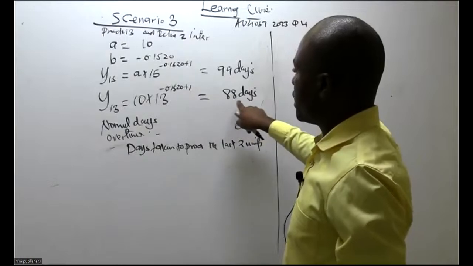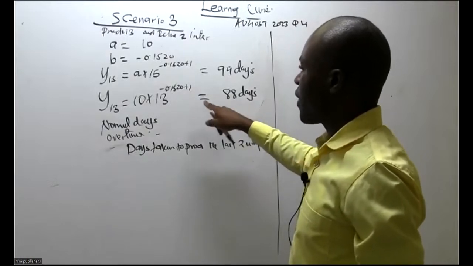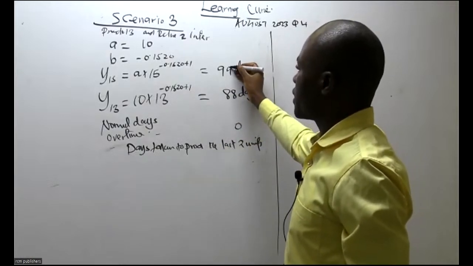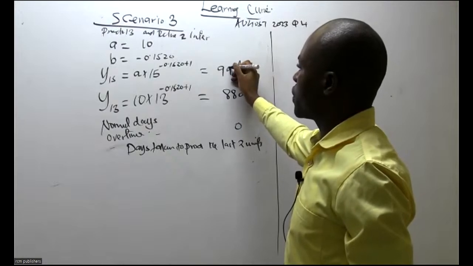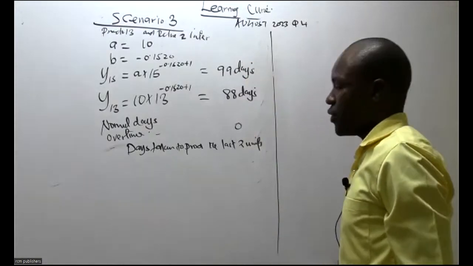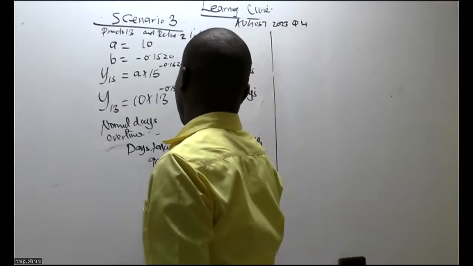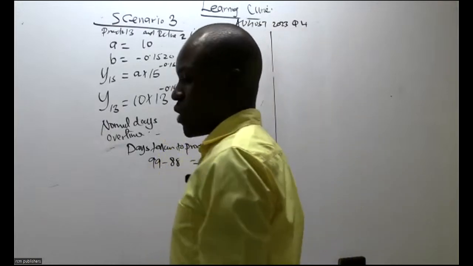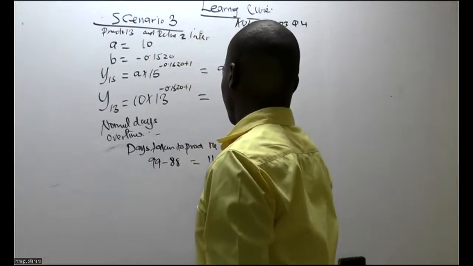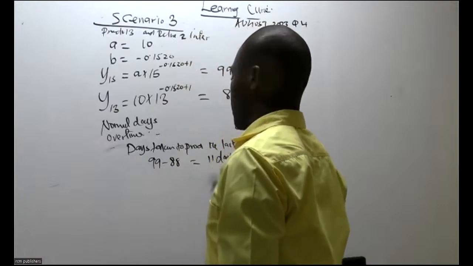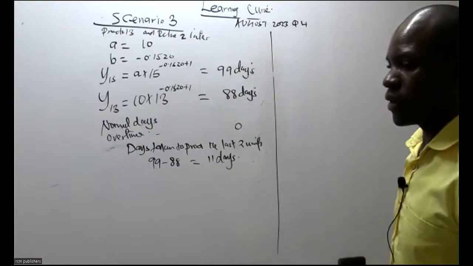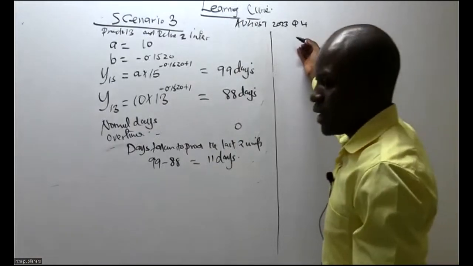They took 88 days to produce 13 units. The difference will be the time taken to produce the last 2 units. So how many days are those? Tutakuwa na ngapi? 11 days. 11 days.